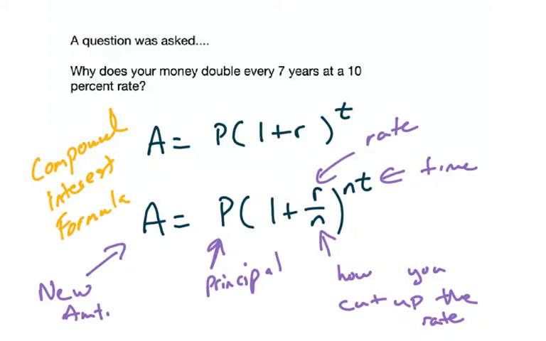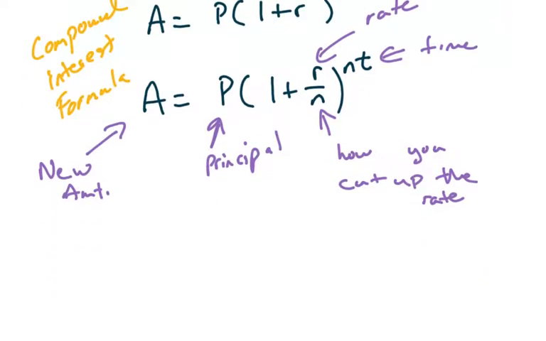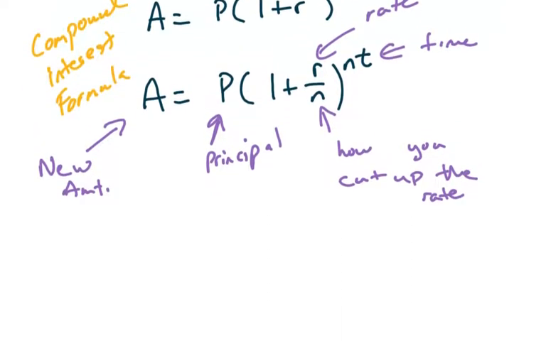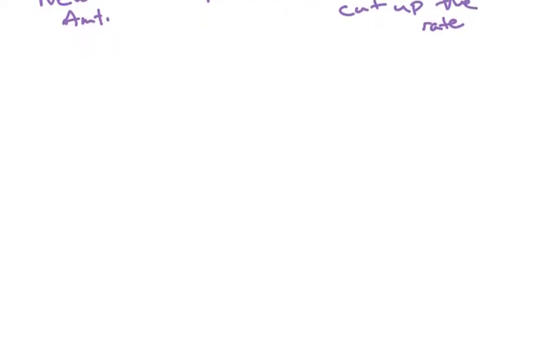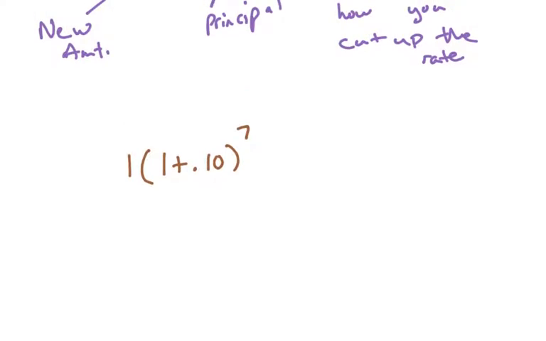Okay, so we talked a lot about that last time. I encourage you to watch the last lesson if you need to see this again, if this is confusing to you. But what we talked about last time was we saw this situation. If you have, let's say, $1 and it increases at a 10% rate, I said every 7 years your money basically doubles.